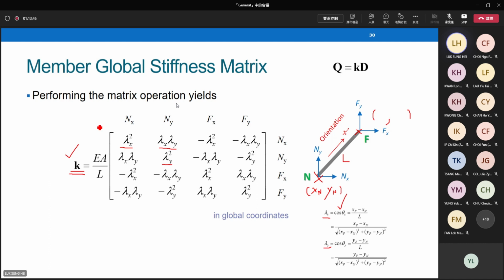Second observation, stiffness matrix. Last time I showed you some remarks indicating that all stiffness matrices should be symmetrical. Symmetrical means if you know half of the matrix, you can use the mirror image, project it to the adjacent side. Then it can form the whole matrix. But actually, you don't need to evaluate all 16 terms.